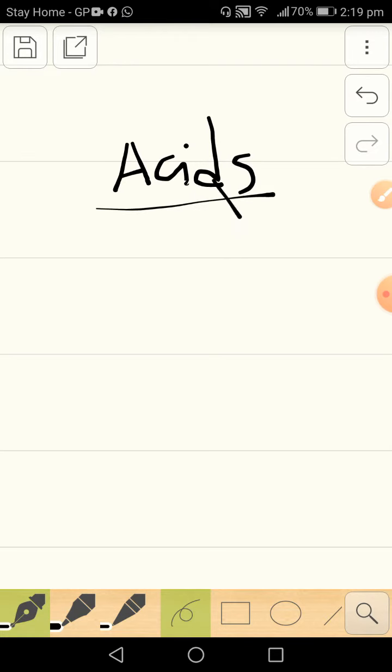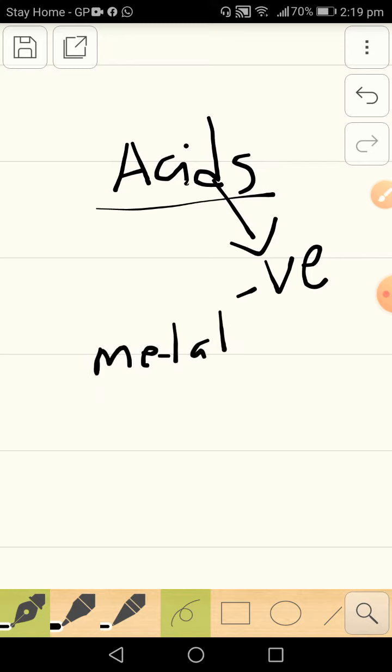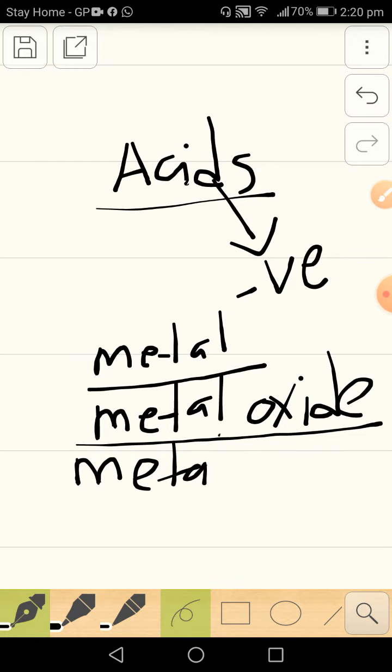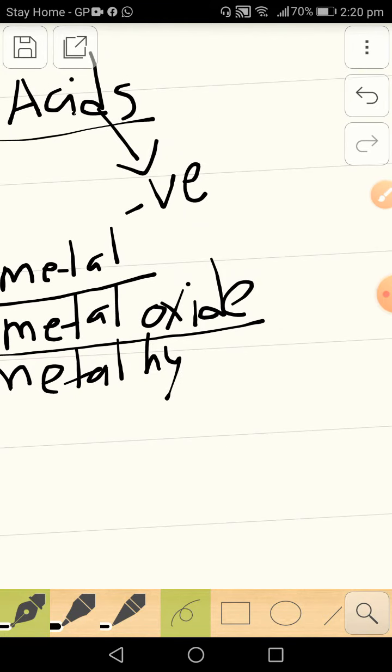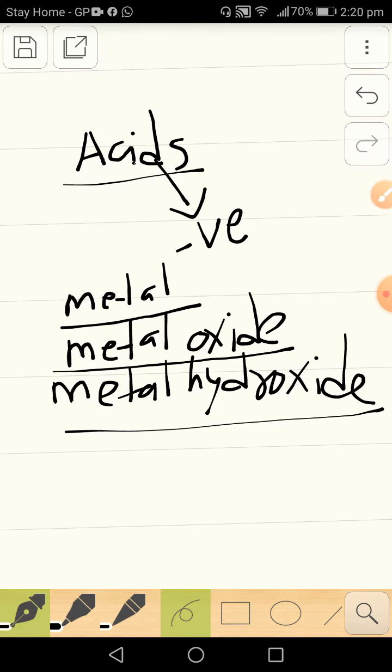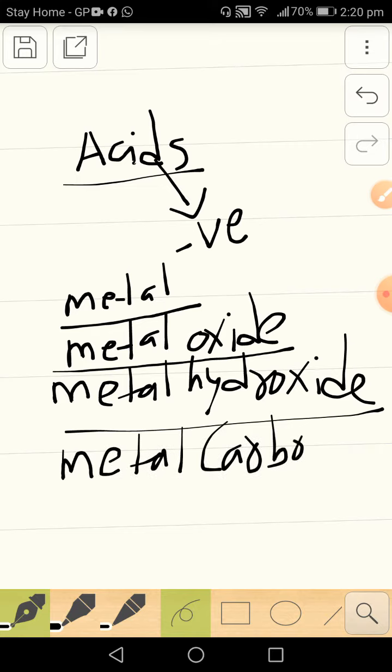Acids for the negative part of the salt, or negative ion of the salt, and either metal, or we can use metal oxides, or we can use metal hydroxide, or we can use metal carbonates to produce the salt.